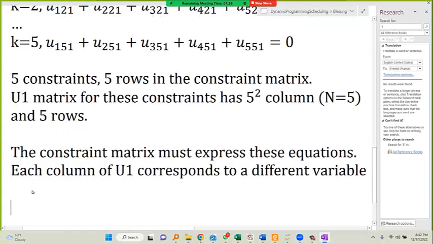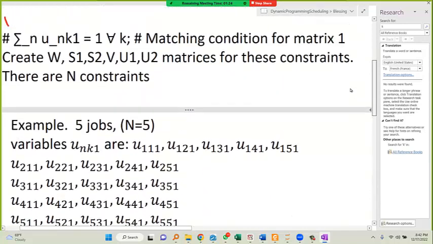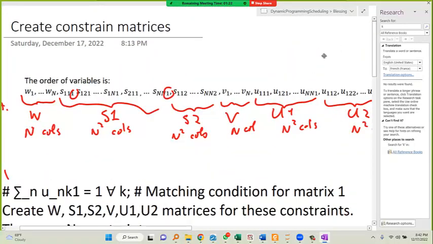The first column is U11. In fact, we showed the columns up here.